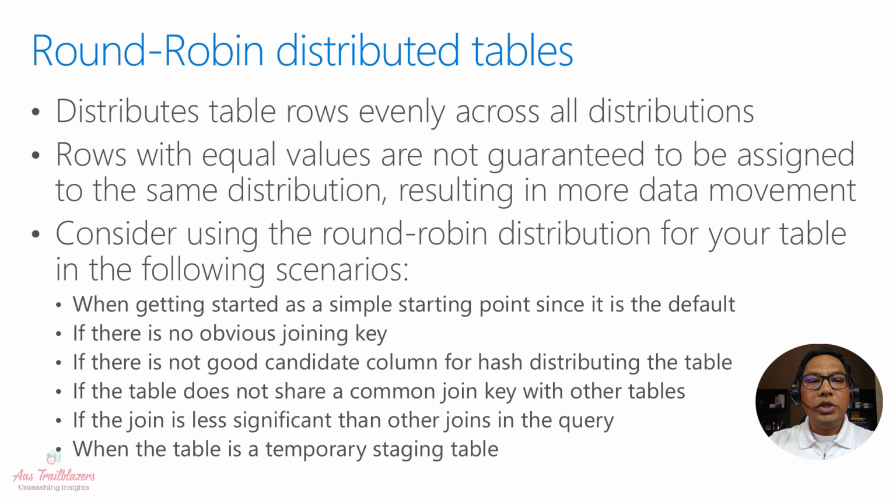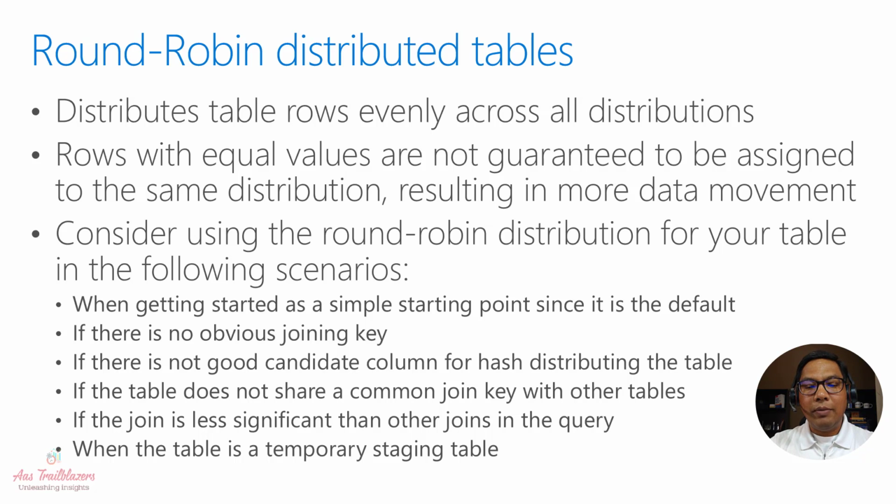You should consider using round-robin distribution for your table in the following scenarios. The very first one is when you are getting started and you don't know what the right distribution key is for your table.